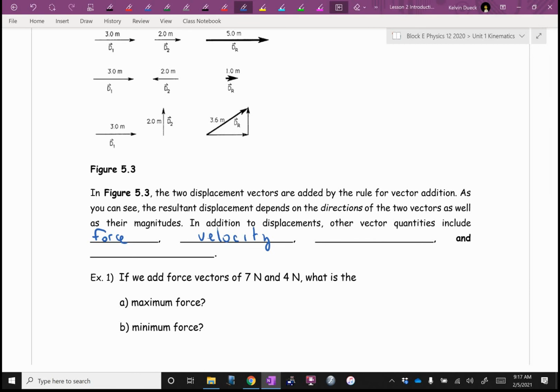But it certainly mattered which way the acceleration was if we were trying to solve something. If you're in free fall, you had to make sure you're accelerating down, not up. One that we did after spring break, if you followed along in our remote learning, momentum is a vector.